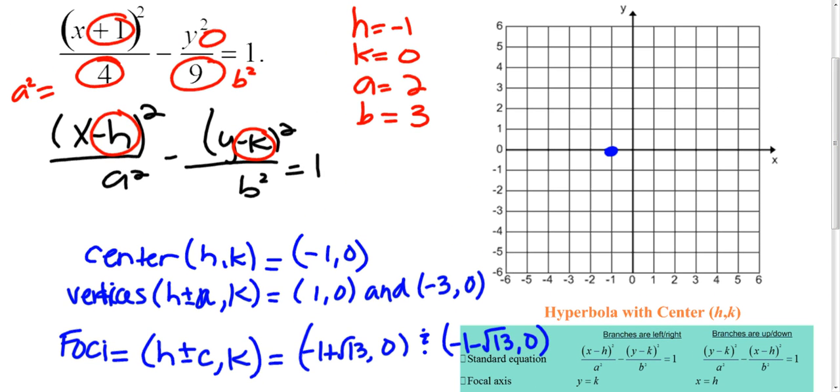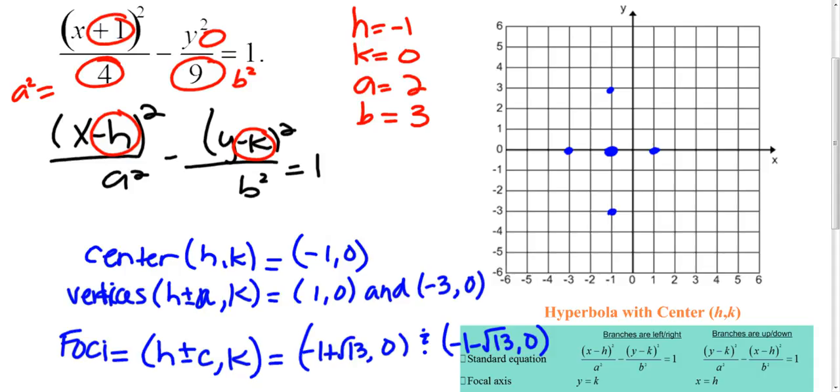Your a value is 2, which means I am going to move 2 to the left of this dot, 2 to the right of this dot, to the right of the center. My b value is 3, so I'm going to go 3 above the center, 3 below the center. And I am going to make my box.